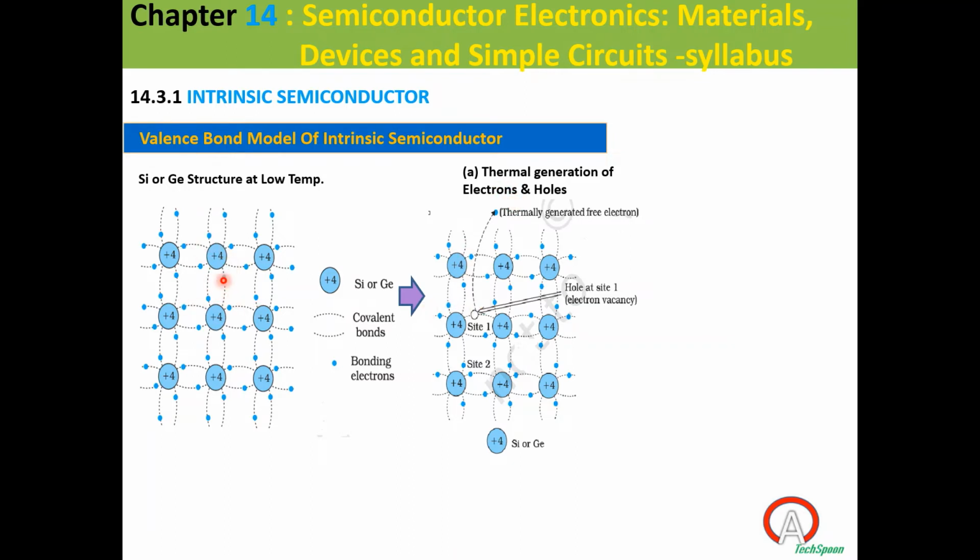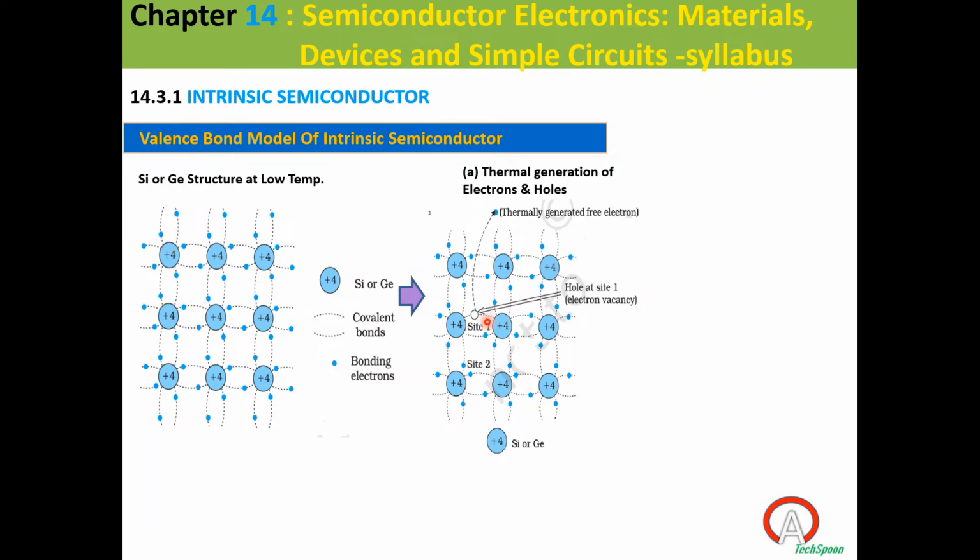Here all are in the valence band, even though under covalent bond, they are tightly coupled, so they cannot move at normal temperature.